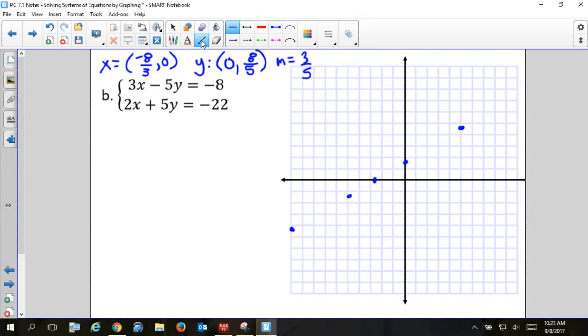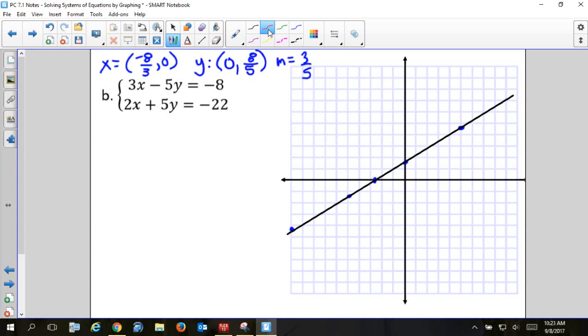So this would definitely be one where I'd want to use my straight edge because it's all fraction-y and I've just got to be as accurate as I can. And we're all using pencil, so we do make a mistake. Easy to erase.